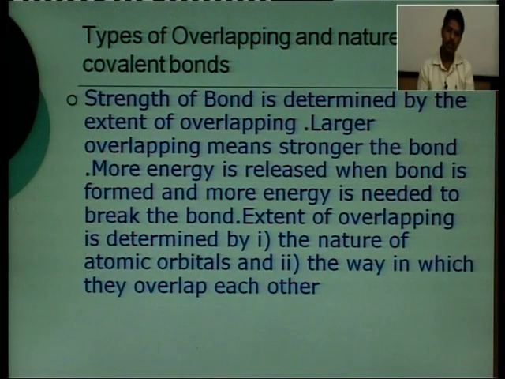A covalent bond is strong if the overlapping is more. Overlapping depends upon the nature of atomic orbitals, that is, s orbitals overlap to a larger extent as compared to p orbitals, and on the way they overlap: along the internuclear axis or sideways. According to that, the strength of bonds varies.